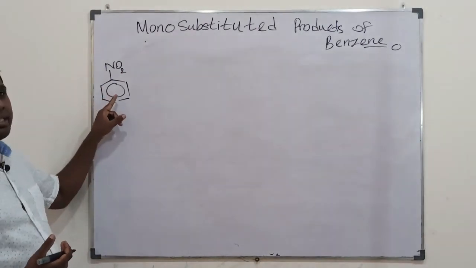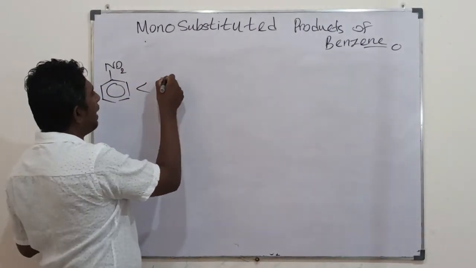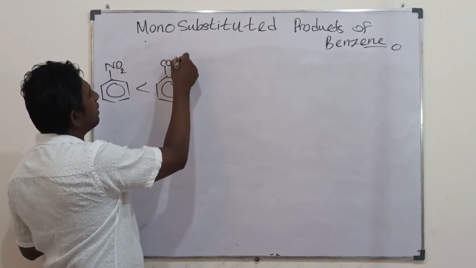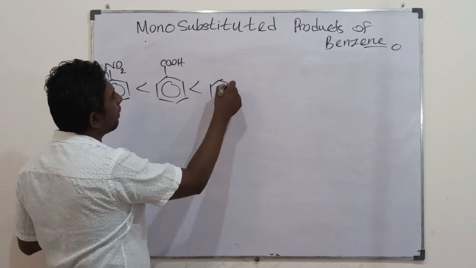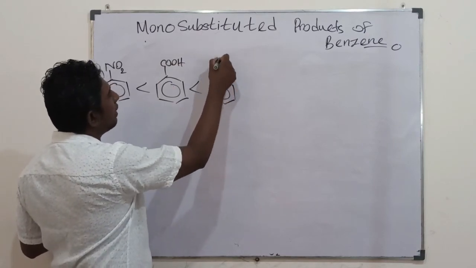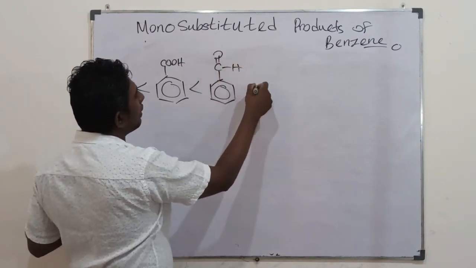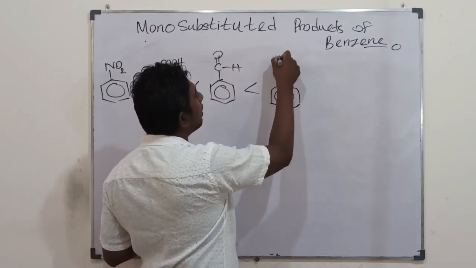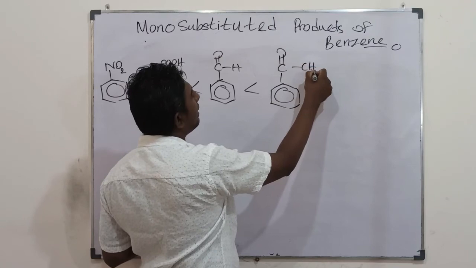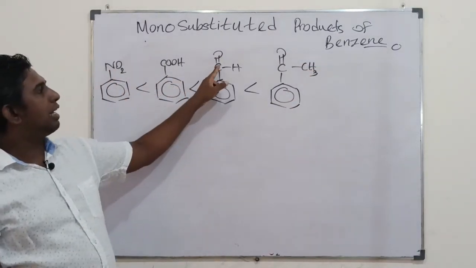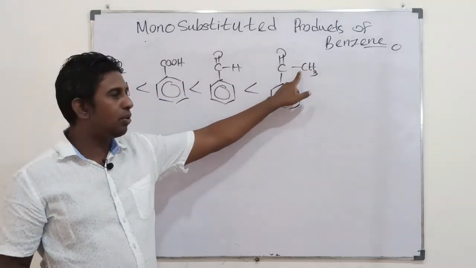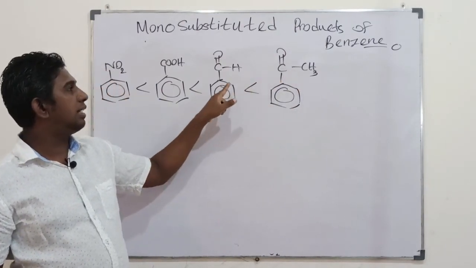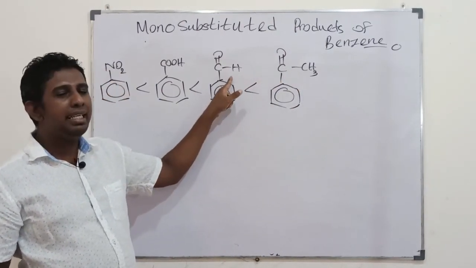Compared to that, next you find carboxylic acid, benzoic acid. Next the aldehyde group, then a ketone group. Both aldehyde and ketone have carbonyls, but the ketone has a methyl giving electrons towards the carbon, so it's not that highly deactivated.